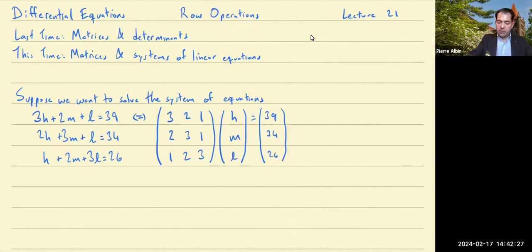So this system of linear equations can be written as a single equation of a matrix times a vector equals a vector. This is called the coefficient matrix.